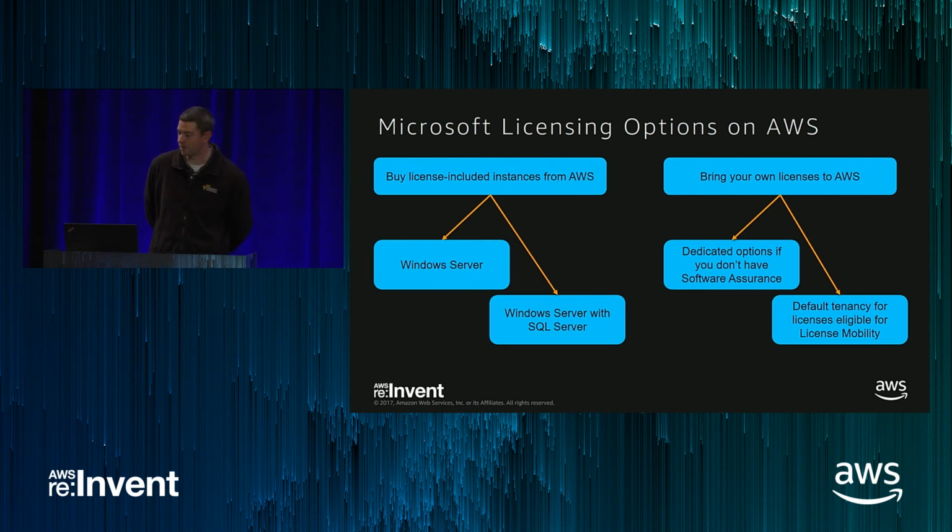If you do have software assurance, and your licenses are eligible for license mobility, which is a benefit included in software assurance, and again, license mobility is specific to each Microsoft product. So if you're talking about your ELA, you certainly want to review the contents within your ELA to make sure that the software technologies that you want to move over to AWS are eligible for license mobility. But if they are, then you can migrate those over and those can be deployed in default tenancy.